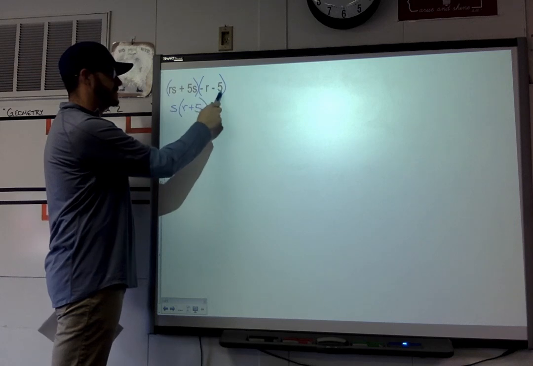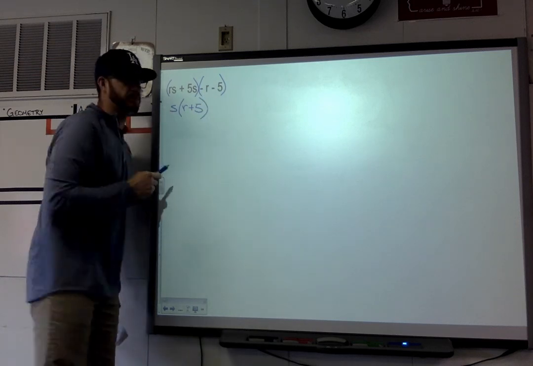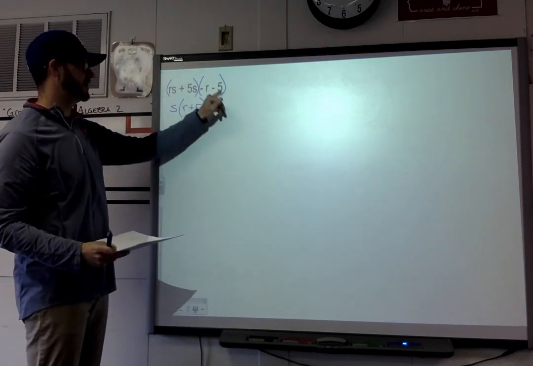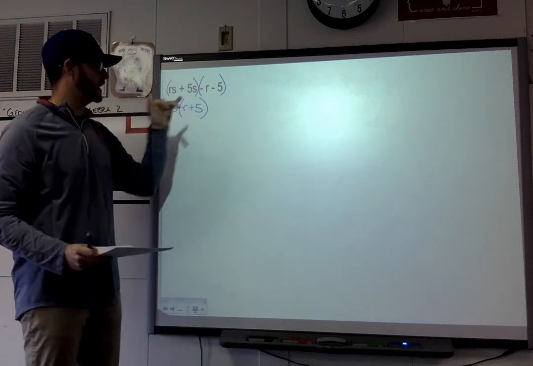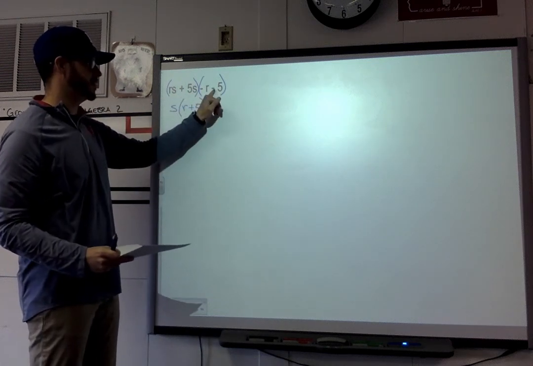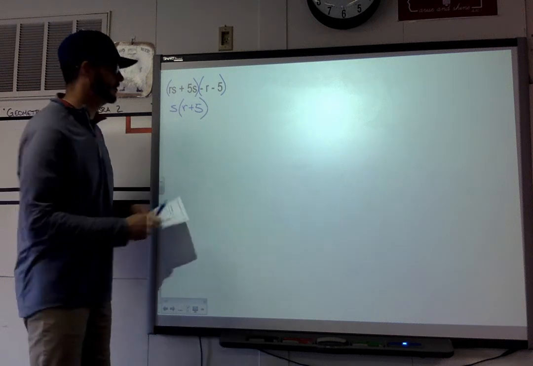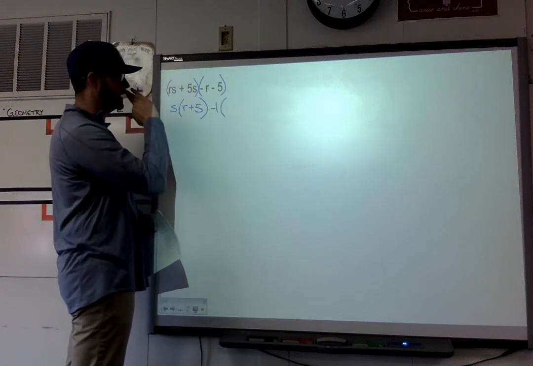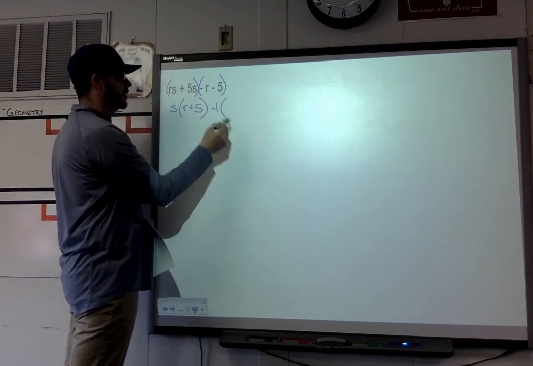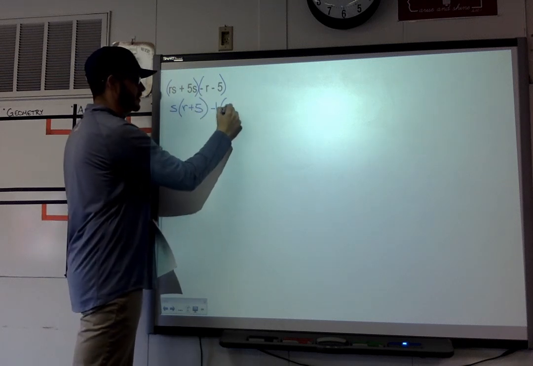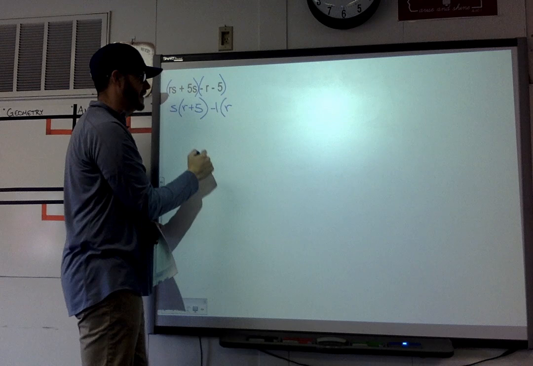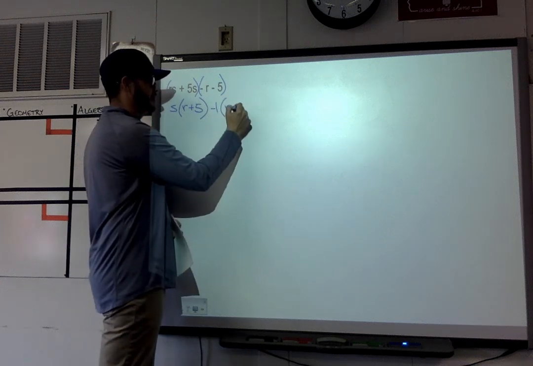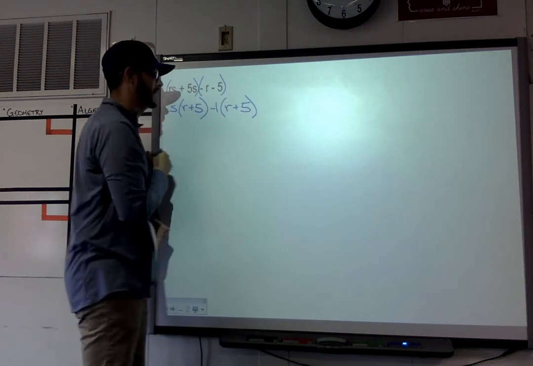Now here there is no number or variable that we can pull out of 5 and R, but what we can pull out of this to change that sign to a positive is a negative 1. So if we pull a negative 1 out of here, negative R divided by negative 1 gives us R. Negative 5 divided by negative 1 gives us a positive 5.